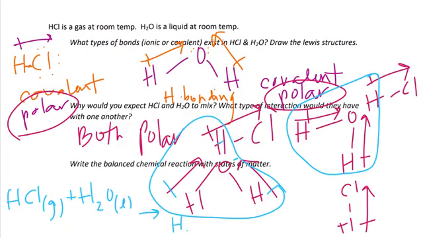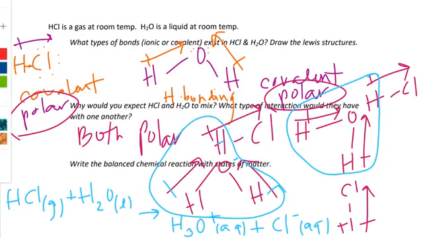So we're actually going to have H3O plus, and that's aqueous, plus, and then my poor little chlorine is going to be by itself, Cl minus aqueous, surrounded by those waters. So this H3O plus is called hydronium.